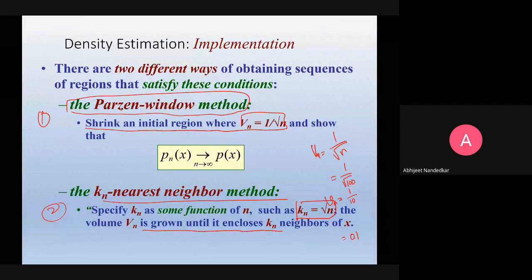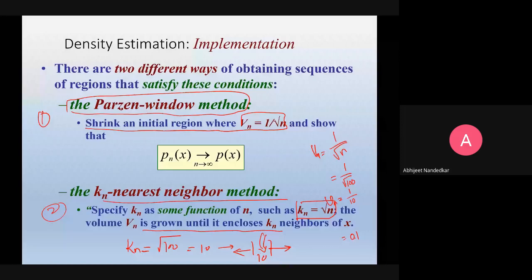That means we will grow the window until the count Kn equals root n. Say there are 100 samples, then we are in search of root 100, that is 10 samples. So we will increase this window till 10 samples fall into it.